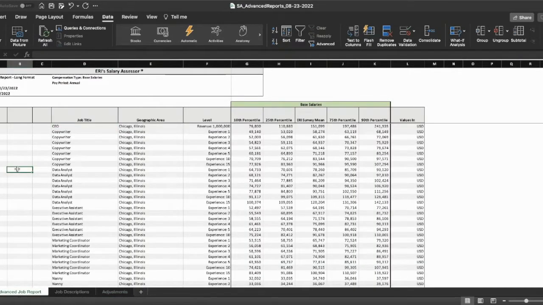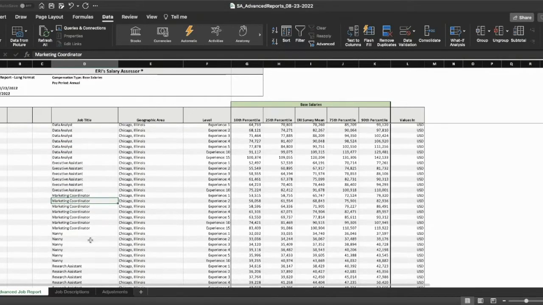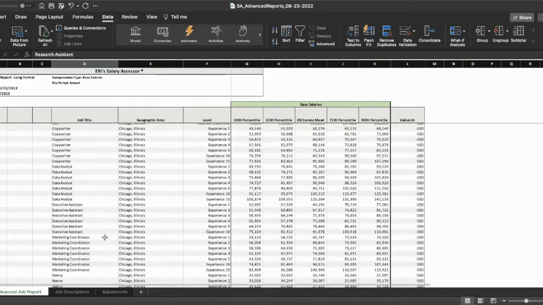So what's included in this wage report? The first main column here is the job title. That is the name of the job that the person has. In my business, we have me, the copywriter, we have data analyst, executive assistant, marketing coordinator, nanny, research assistant.